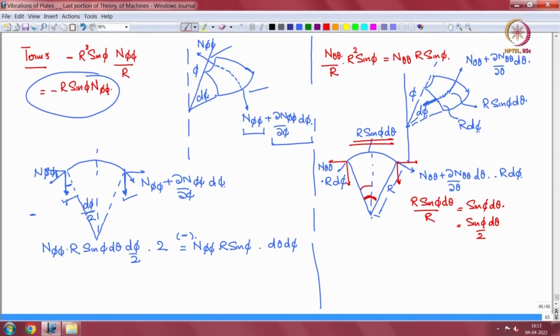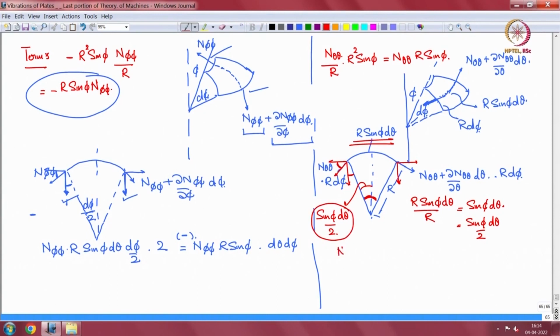So this half angle is sin phi d theta by 2, and therefore this is the same angle, and I want then the sine component. So just multiply by this.